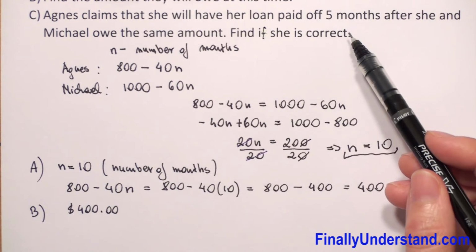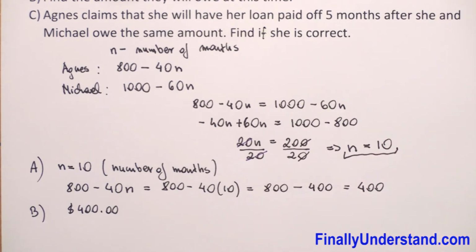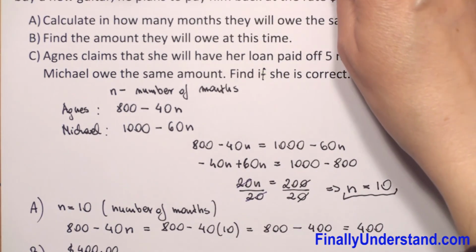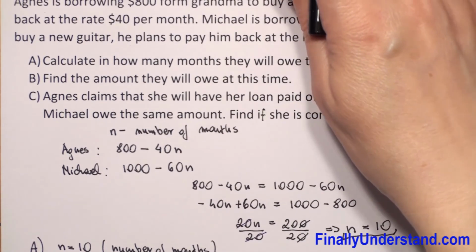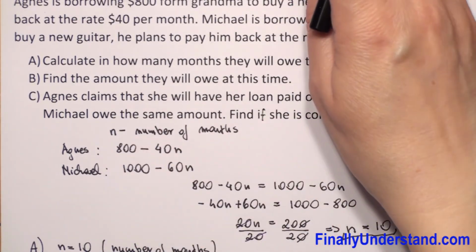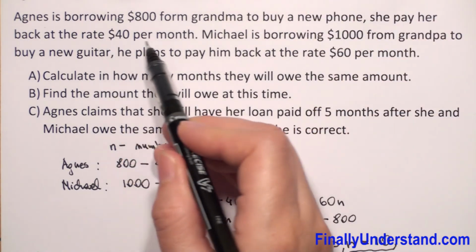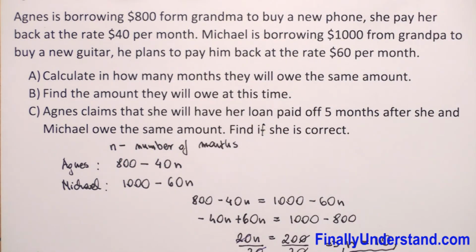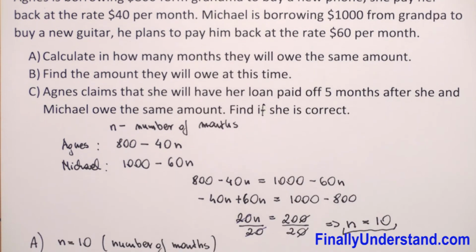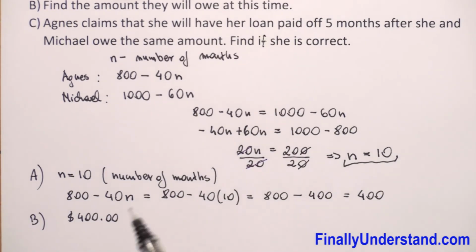After that time, she pays every month $40, and she has to return after these 10 months $400. So when we divide this unknown by $40, we will have after how many months she will pay her grandma.